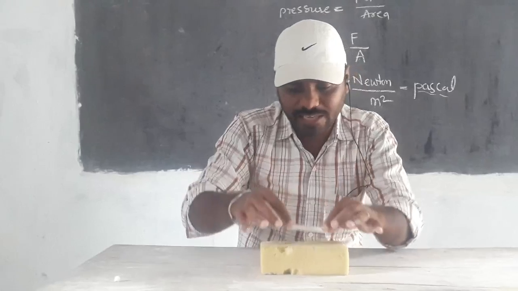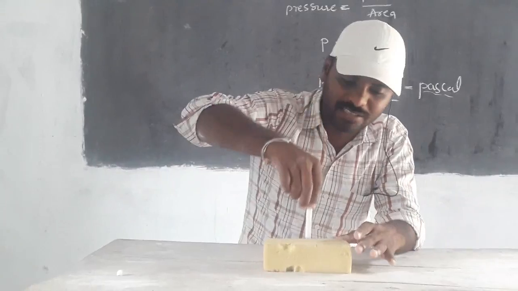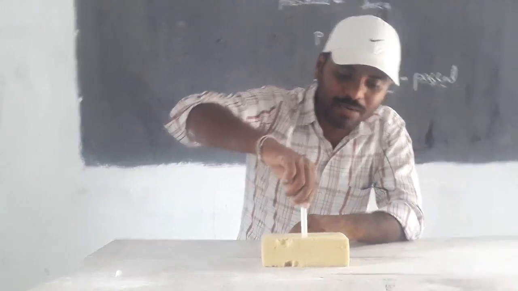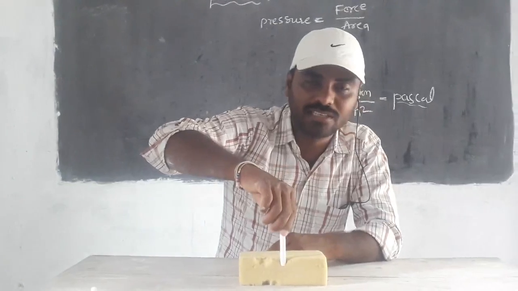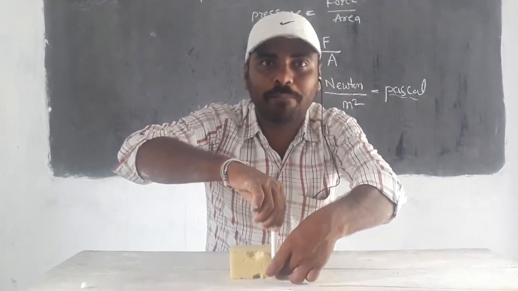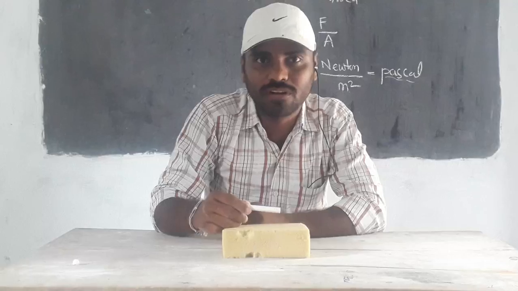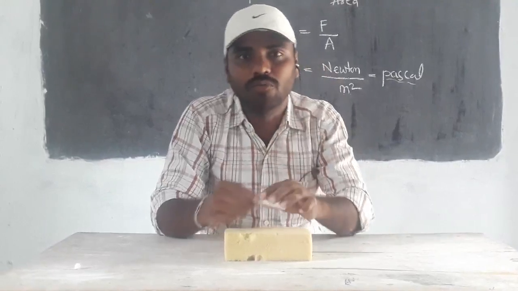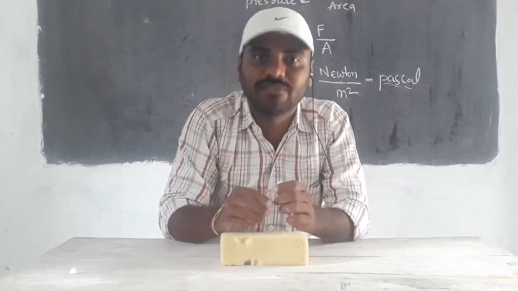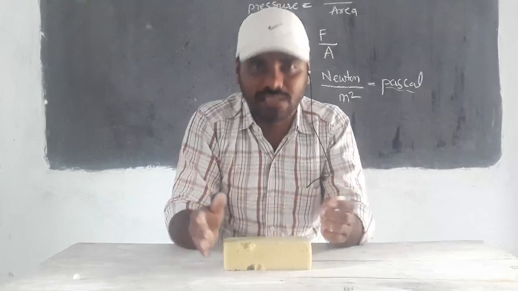When I place it like this, the contact area is more. But when I place it like this, the contact area is less. So with a little amount of force, it can show more pressure, right? So pressure is always more when you have a narrow or short surface area, and pressure is less when you have a wide surface area.